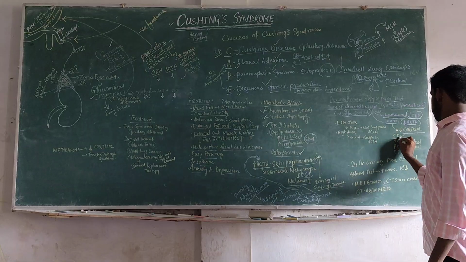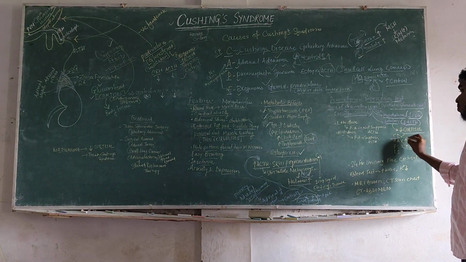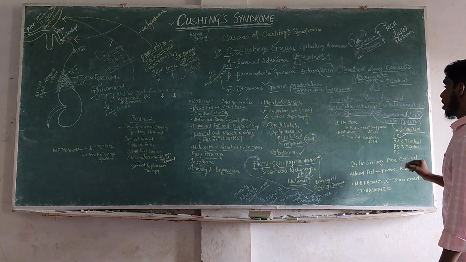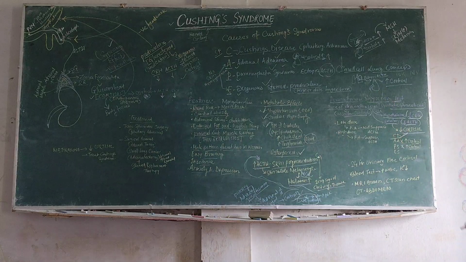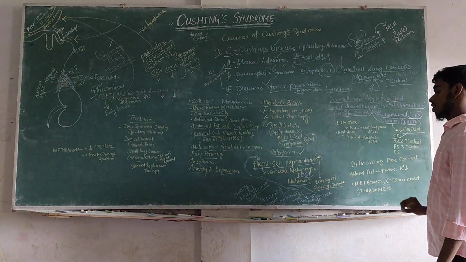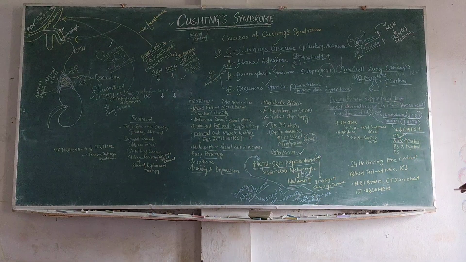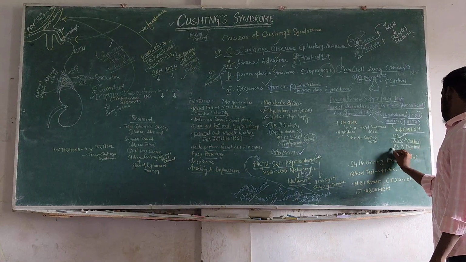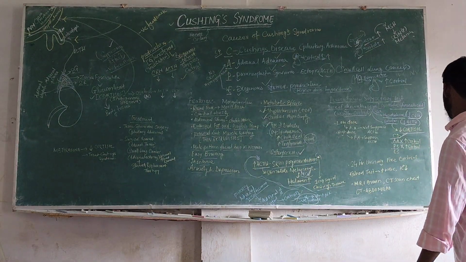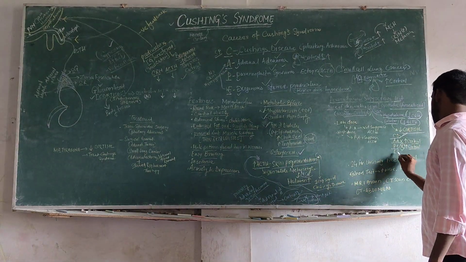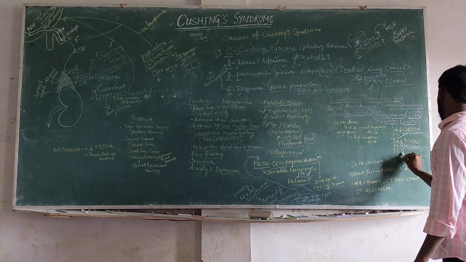In case of Cushing disease, we can see that the level of cortisol will be decreased, no problem. But in case of adenoma, there is no change, and the cortisol level stays highly increased. And in case of ectopic ACTH syndrome, there is also no change. And in case of exogenous steroid, there is also no change.